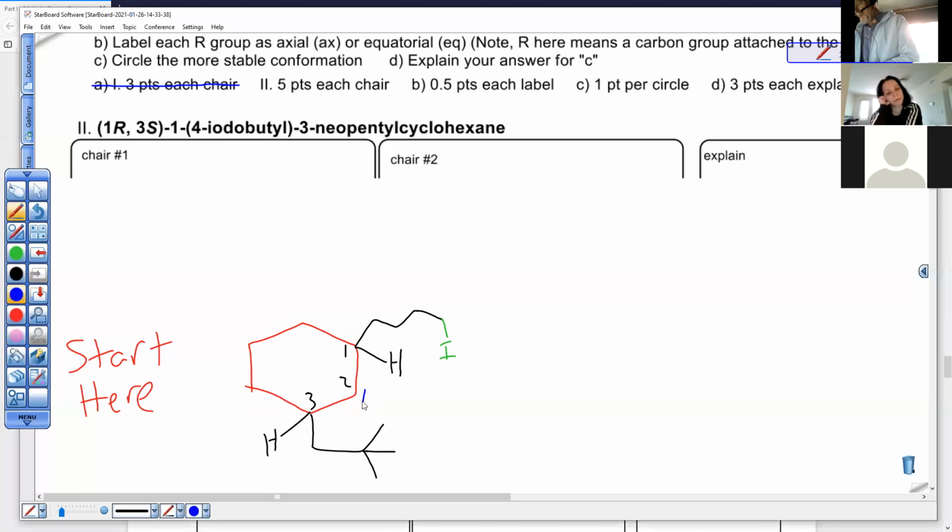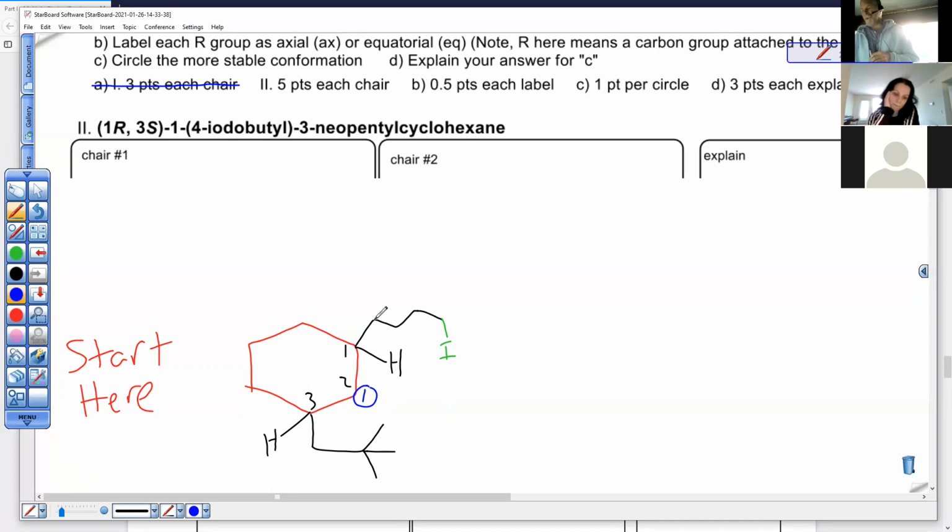Priority 1 might surprise some people because they didn't do a thorough reading of how to do stereo centers and jumped right to doing problems on exams. This iodine is not part of the picture when I'm comparing this carbon to this one. They're both CH2s. They're both tied. What's the heaviest thing on this CH2? A C. On this CH2?